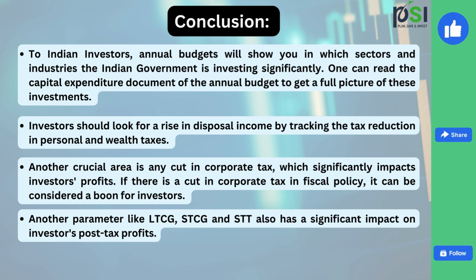So overall, these are the key parameters investors and traders should look at in the Union Budget so that they can take advantage of making profits. Particularly the key area is capital expenditure, and the other area is the policies which will boost private capital expenditure as well.